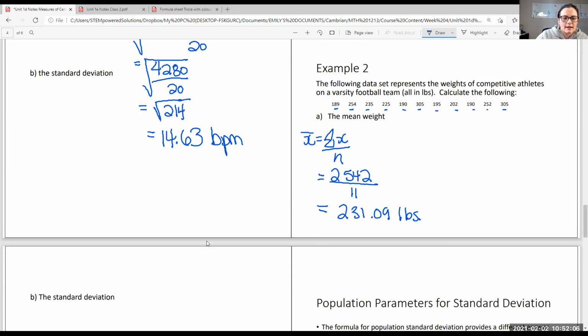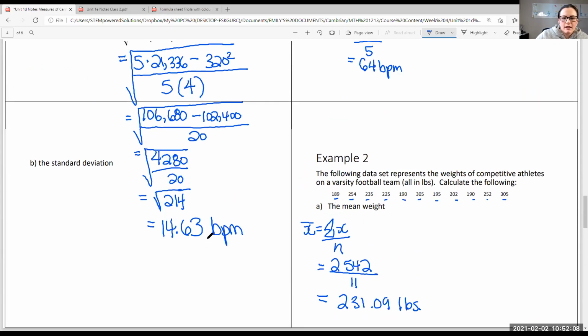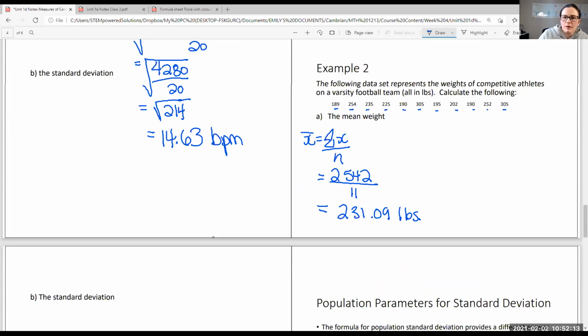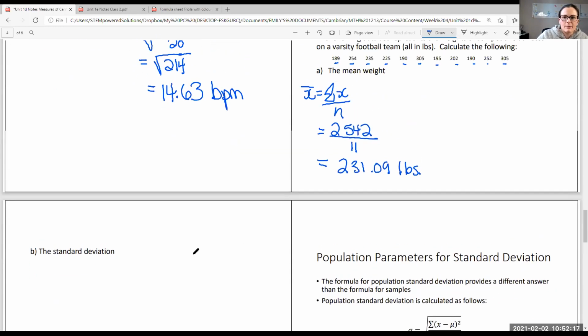That's the average weight. For the standard deviation, we're going to have to come up with that x squared table. I'm going to write a list of all the weights, and then we'll come up with the x squared table right beside it.